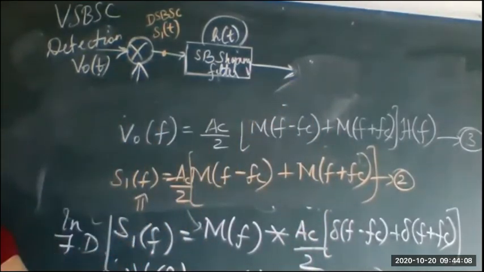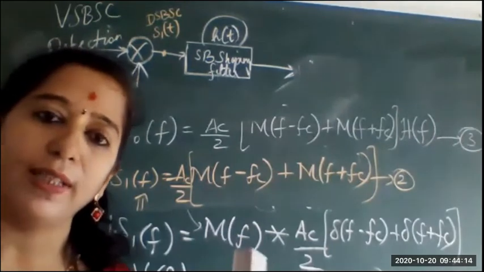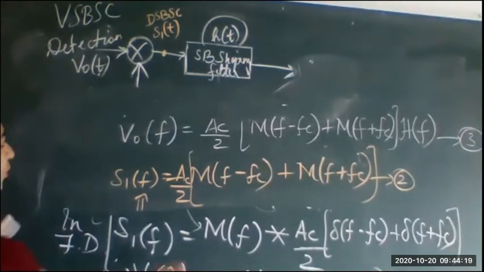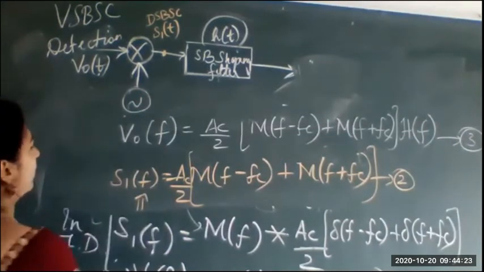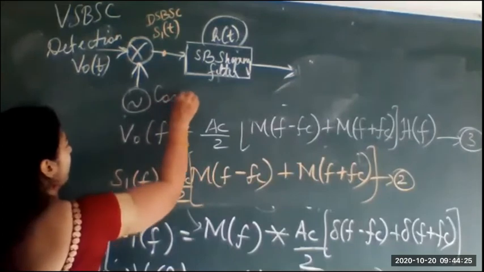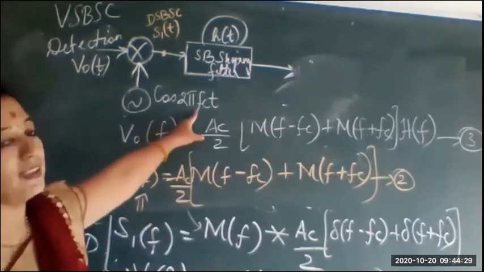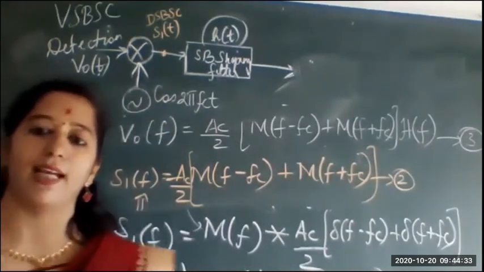Again, we are going to use coherent detection or synchronous detection. How do we detect coherently? We have to have a locally generated carrier cos 2 pi fct whose frequency and phase will be same as the transmitter carrier.